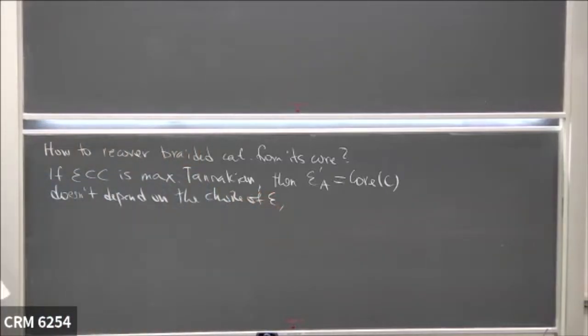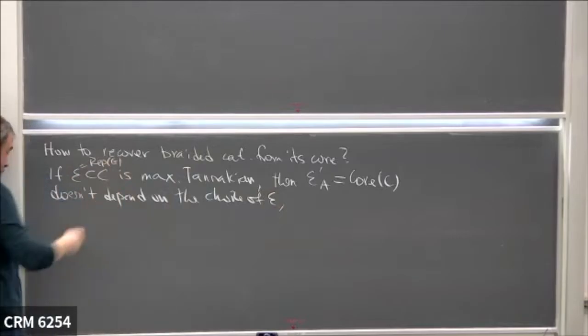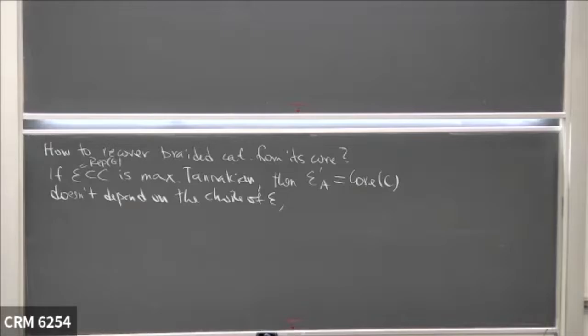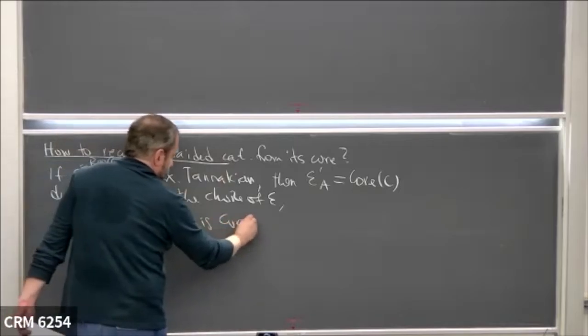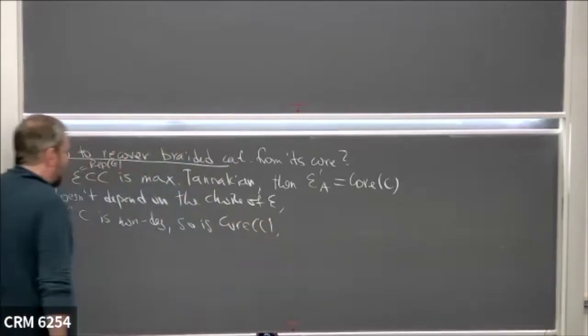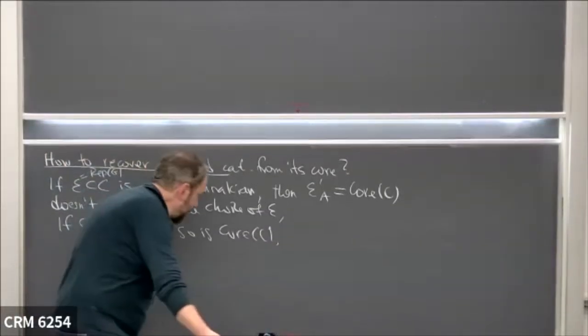In particular, if E is Rep G, there can be different Tannakian categories with different underlying groups. I'll show you an example. If C is non-degenerate, then so is its core. Furthermore, the core carries an action.